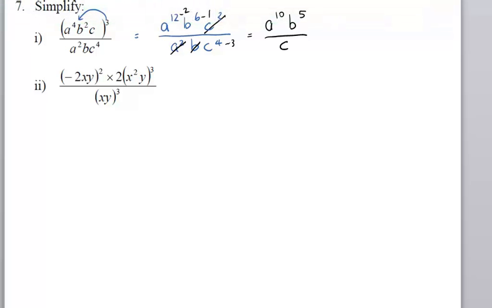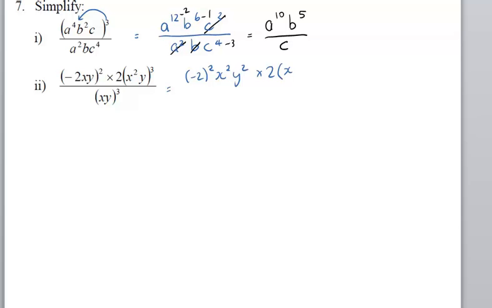So question 2 is a similar sort of thing, and we just have to think through exactly what is meant by all of these things. Here we've got negative 2xy squared, all squared. We think it through, that's negative 2 squared, x squared, y squared, multiplied by 2, and then we work through x squared y all to the power of 3.